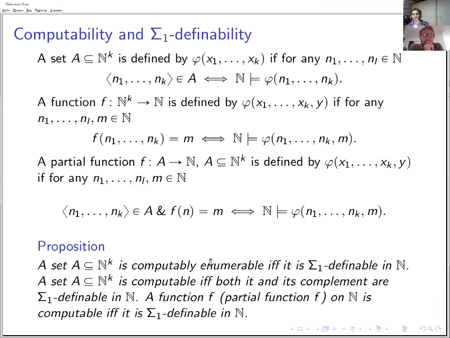We could also talk about definable functions and definable partial functions, which simply means that the given formula defines the graph of the function or partial function.